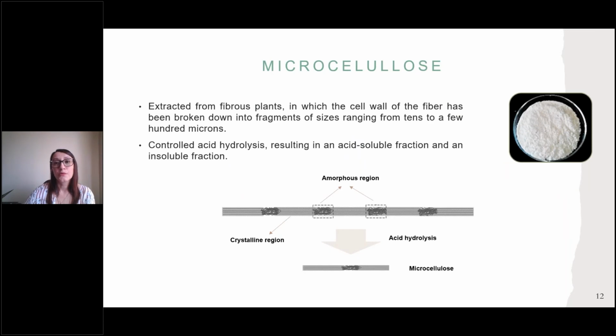The microcellulose extraction is made by a controlled acid hydrolysis. So you eliminate the amorphous regions and you keep the crystalline regions. It's not an extensive hydrolysis, it's a mild hydrolysis. So you keep these structures that have these crystalline and these amorphous parts.